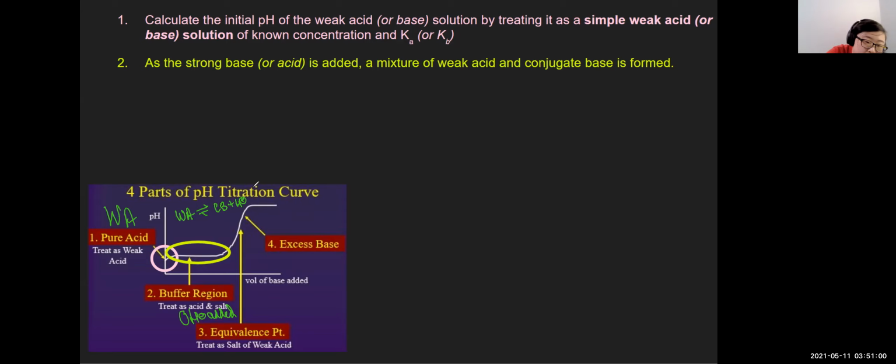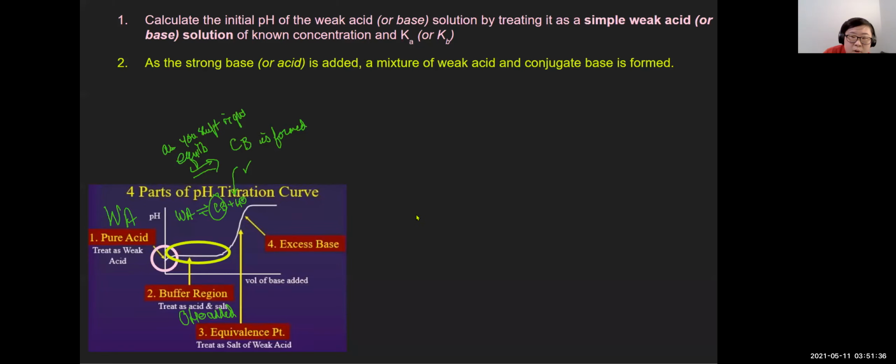As you're adding OH-, you're using up H+, so your equilibrium shifts right, and as you shift right, the conjugate base is formed. So that's the idea. You're creating a mixture or buffer by adding OH-.